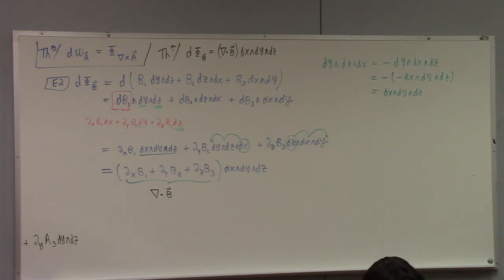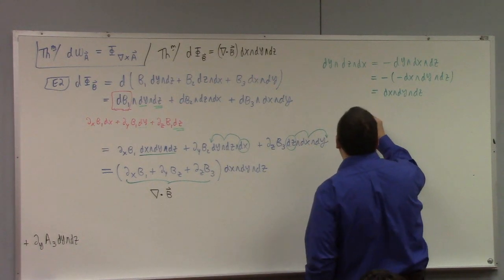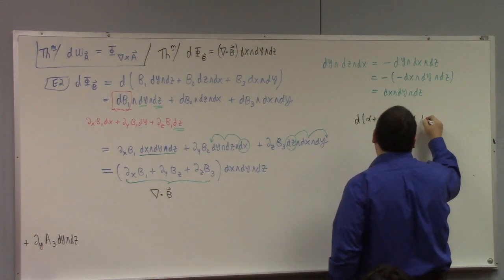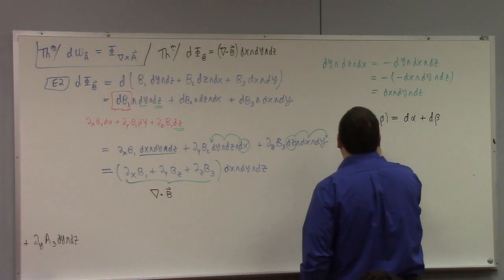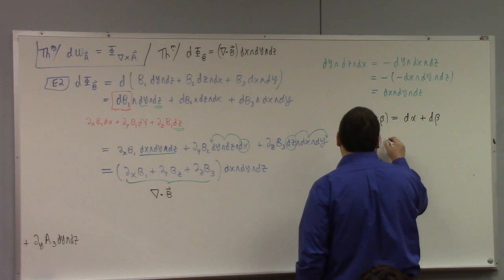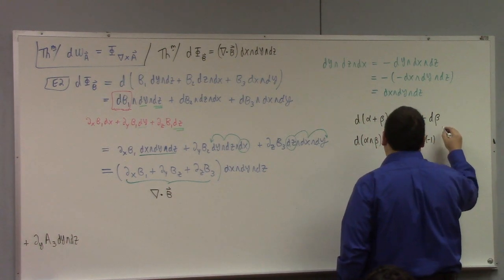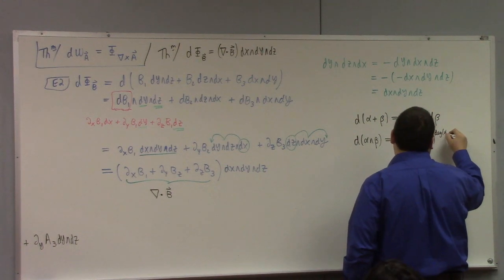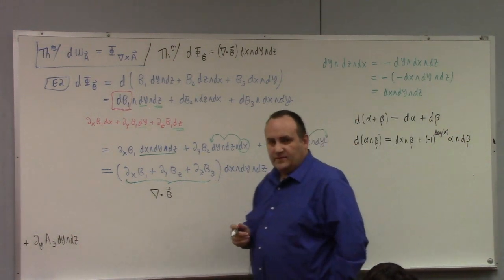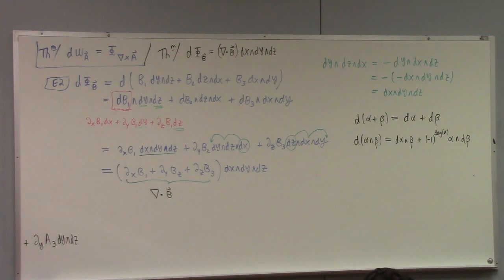And I guess now we should talk about the properties of the exterior derivative. Here they are. It's linear. And here's its product rule, which is really kind of funky. If you have alpha wedge beta, the exterior derivative of that is d alpha wedge beta plus minus 1 to the degree of alpha, alpha wedge d beta. So it obeys what's called a graded Leibniz rule. Sometimes it's plus, sometimes it's minus.